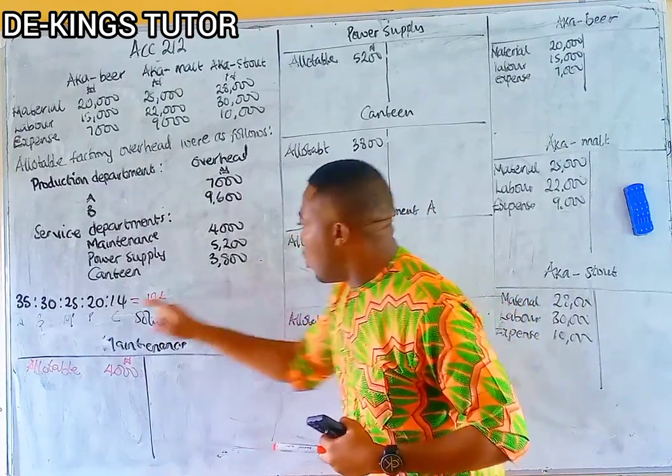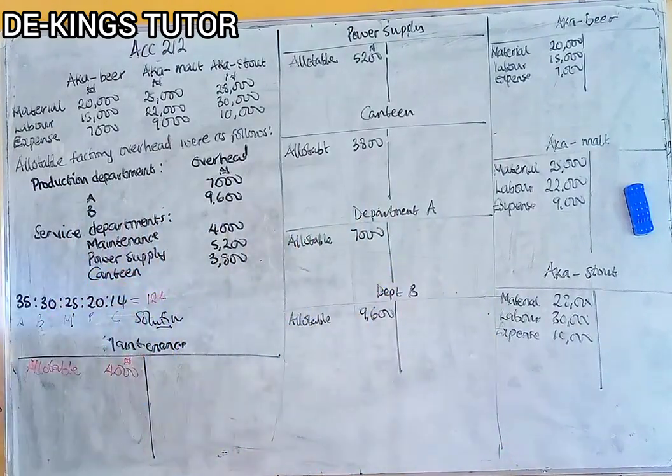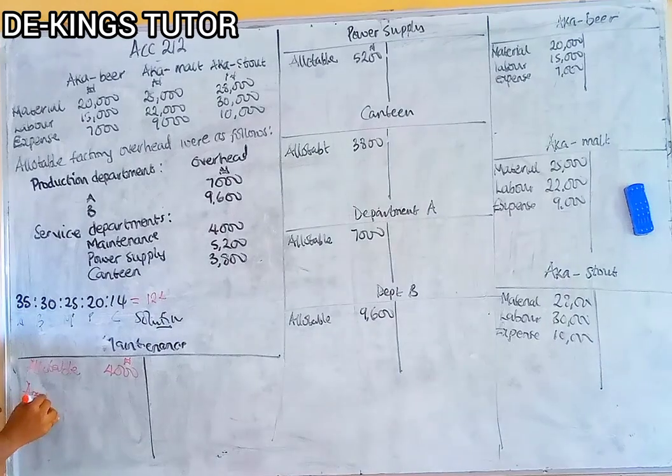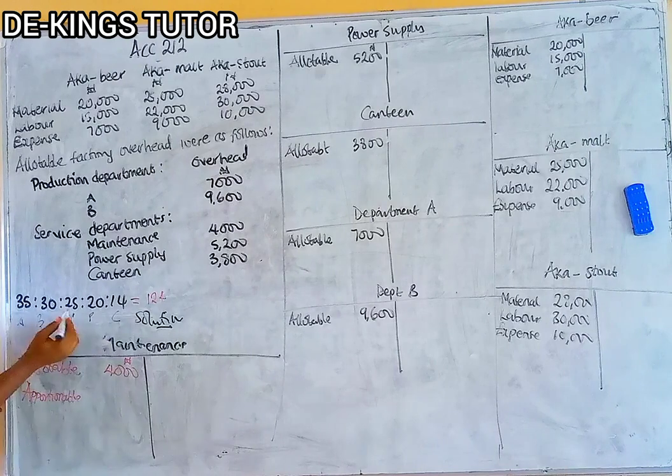So now, for maintenance, the apportionable will be 25.